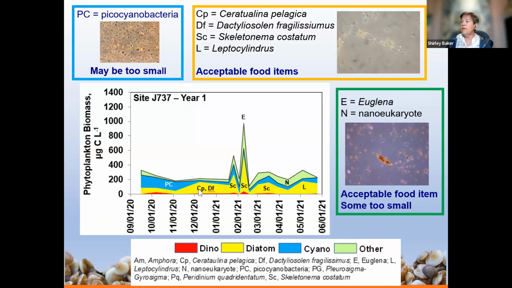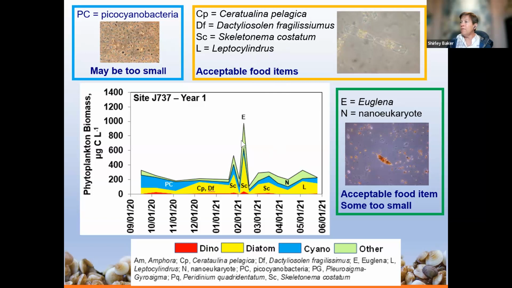Then later in the year, we see that we have diatoms. We start out with C. pelagica and D. fragilissimos. Later, we get some spikes of Skeletonema, and then finally some Leptocylindrus. And all of these are acceptable food items for shellfish.